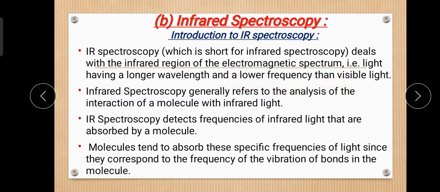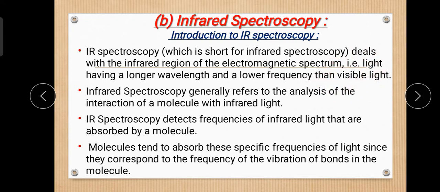Visible light has a wavelength of 400 to 700 nanometers, and radiation with longer wavelength but lower frequency than visible light is nothing but infrared radiation.